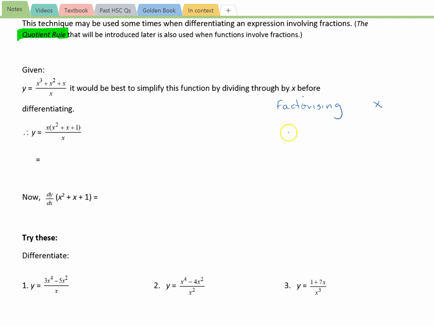So if I can take my x cubed plus x squared plus x and factorize it, which I can. Remember, there are many different methods of factorizing as well. Common factor being the first one that we look at, and the first one you should always consider. Can I take out a common factor? And the answer is yes.